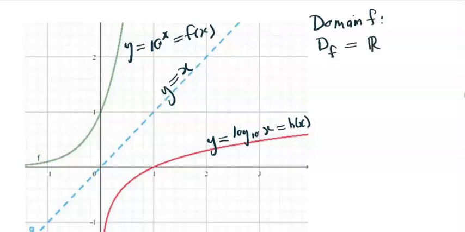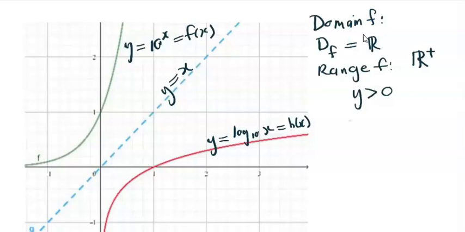And if I write down the range of f, I get only R plus. That means the y's are greater than 0. It can't even be equal to 0 because the horizontal axis is a horizontal asymptote for the function f.